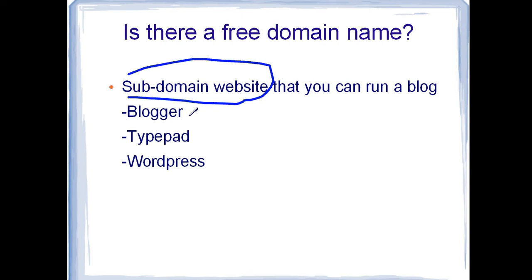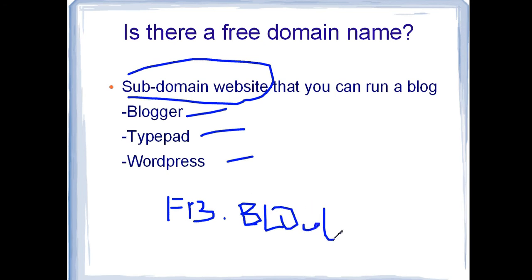So if you try to set up your own free domain name, for example, if Facebook would like to use Blogger, it would be fb.blogger.com. As you can see, it is now a subdomain of Blogger.